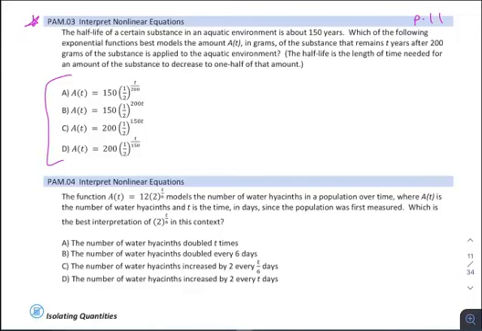Okay, when we scan the answer choices, we see the original amount is either 200 or 150. And then the half-life, it's exponential decay, and the half-life happens, and you can see from here, this power means it happens 150 times per year, or 200 times per year.